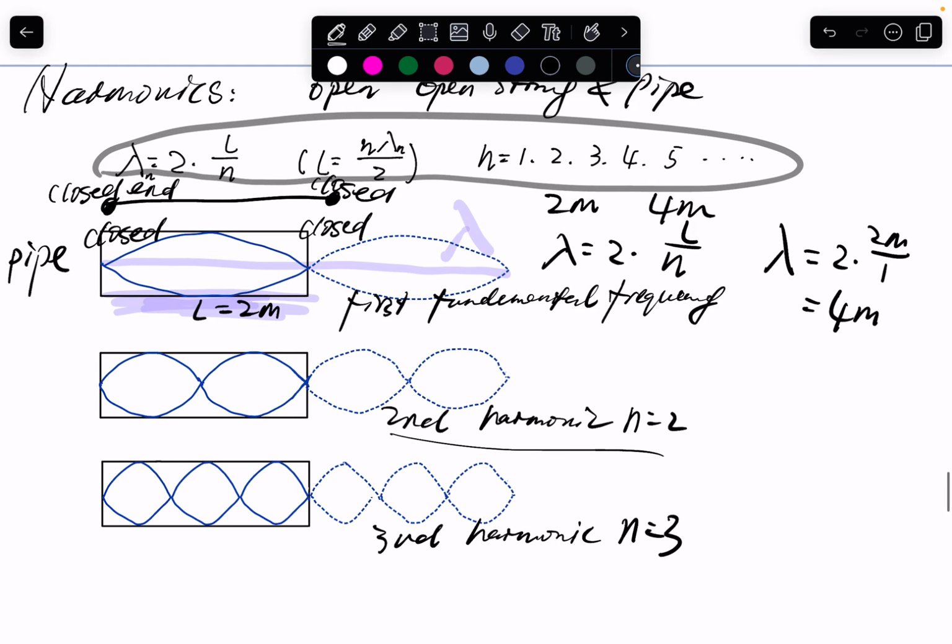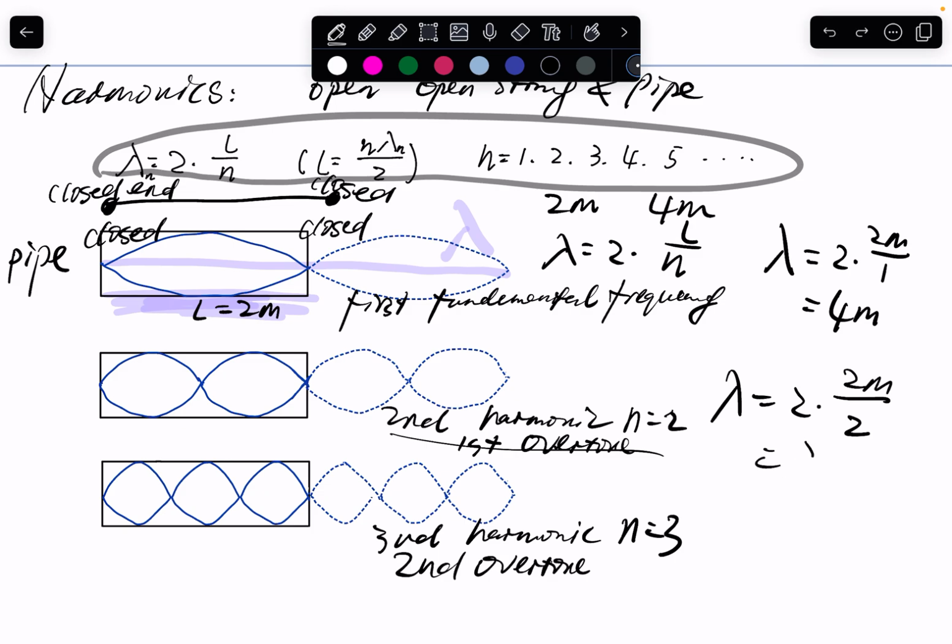Then if we calculate the second harmonic, which is also called the first overtone, lambda equals 2 again, the length is 2 meter, but n is 2 now. That gives me 2 meter. So for the second harmonic, the wavelength equals the length of the pipe.